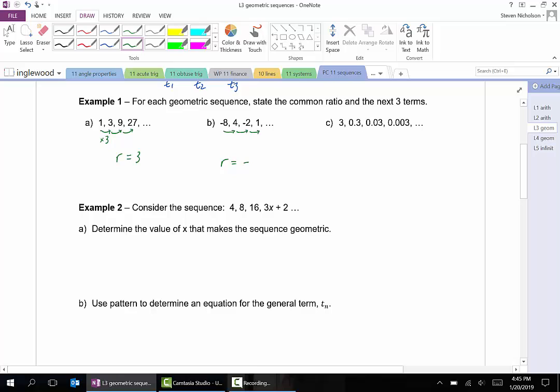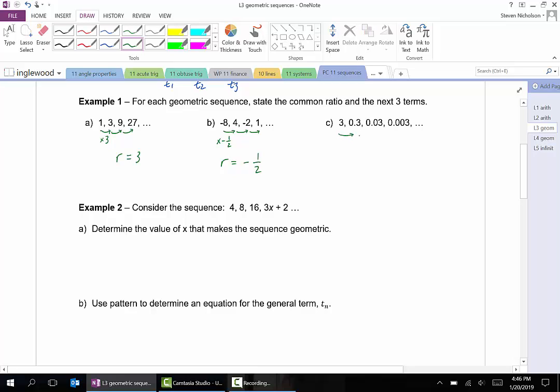And remember, it's the second number divided by the first. So however you look at it, we're going to multiply by -1/2. 4 over -8, -2 over 4, or 1 over -2. So again, thinking not of how do I go from one to the other, but actually doing a simple division.